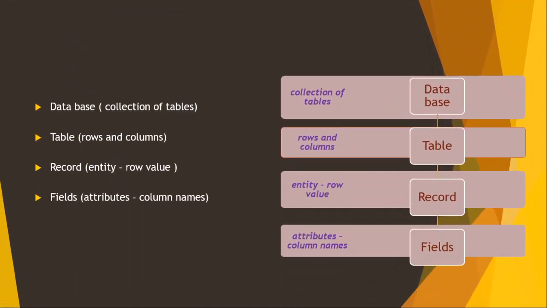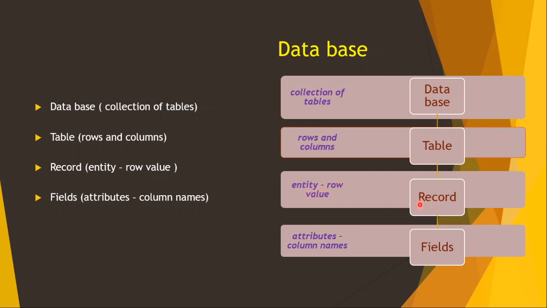Now let us see what a database is. A database is a collection of tables. I have given the structural diagram for a database. And what is a table? It is a collection of rows and columns. Then what is a row, or a record? It is an entity, a row value.